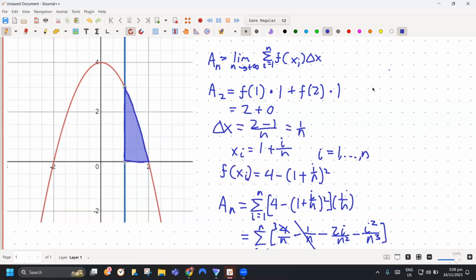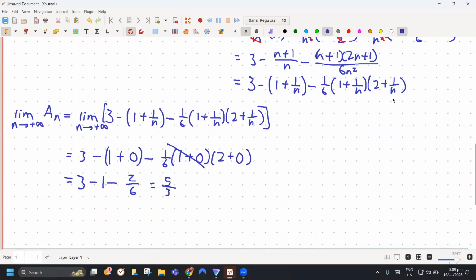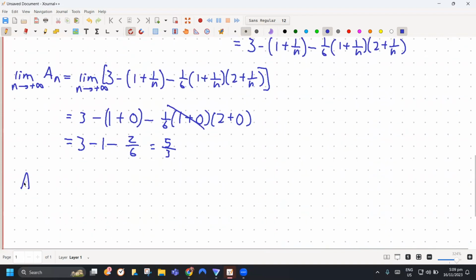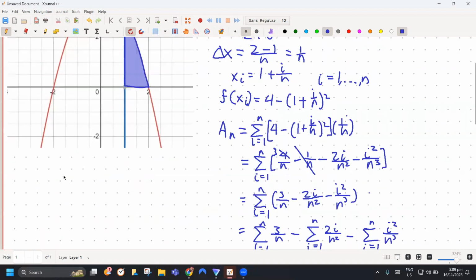So A infinity equals, for A, is equal to the integral from 1 to 2 of, 1 to 2 of what?